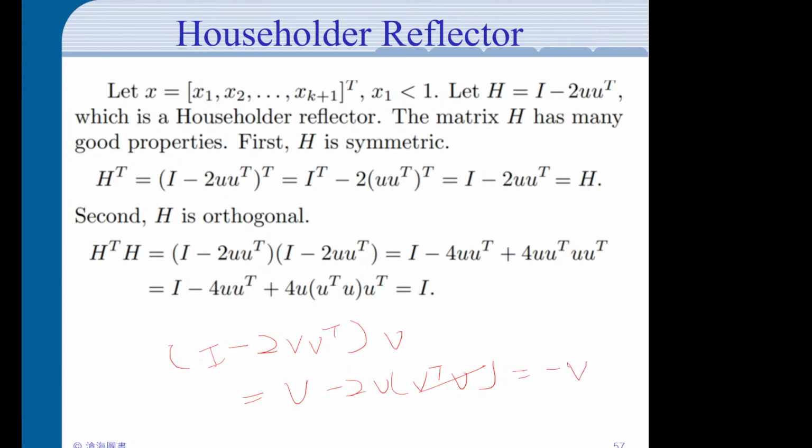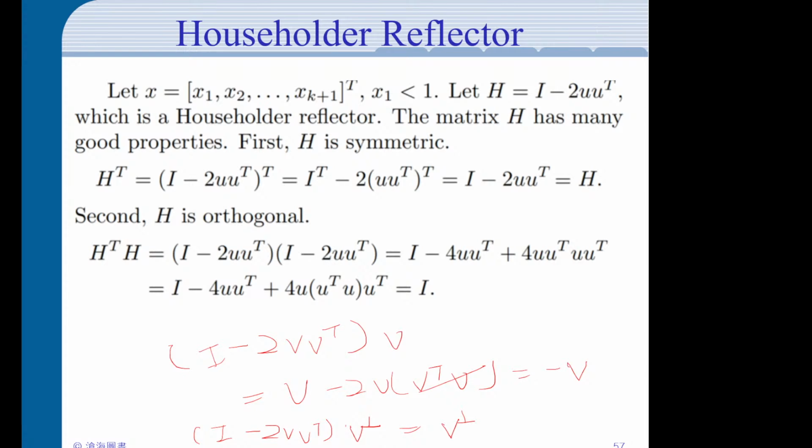The other thing is, what if you apply 1 minus 2VV^T on some V perpendicular, a vector that's perpendicular to V? Then the 1 applied on V perpendicular gives V perpendicular, and V^T on V perpendicular is 0 by the definition of perpendicular, so this is just V perpendicular.